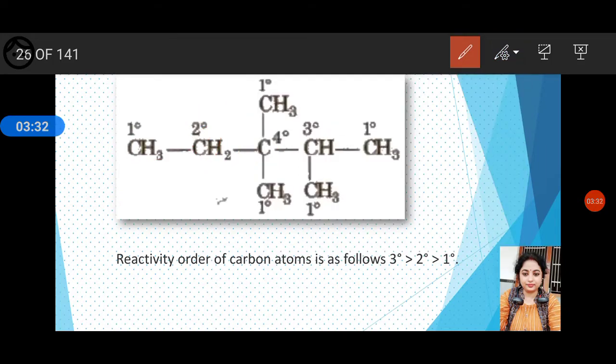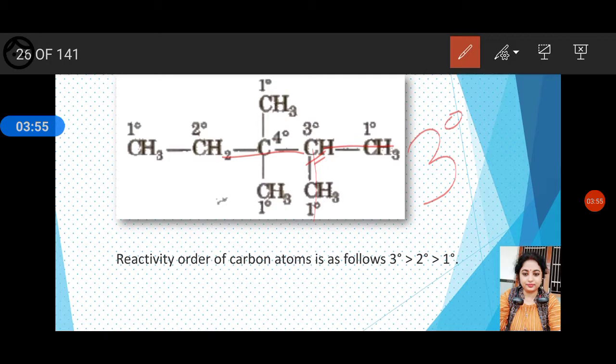Now let's see tertiary carbon atom. A carbon atom linked to three other carbon atoms is called tertiary carbon. See this carbon? 1, 2, 3. On three sides it is bonded with other carbon, so it is tertiary carbon.